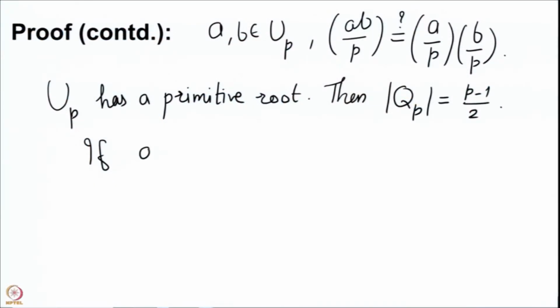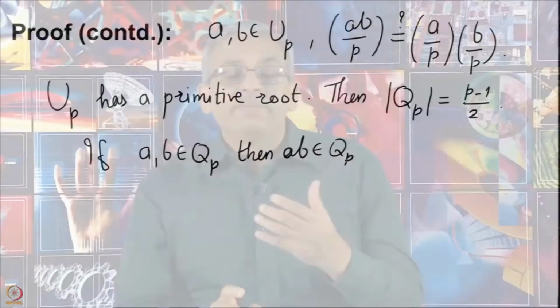The subgroup consisting of all squares has cardinality (P minus 1)/2, exactly half the elements are squares. So, clearly if A, B belong to QP, then the product AB is also in QP because it is a subgroup. Remember, I had said that this fact is going to play an important role.